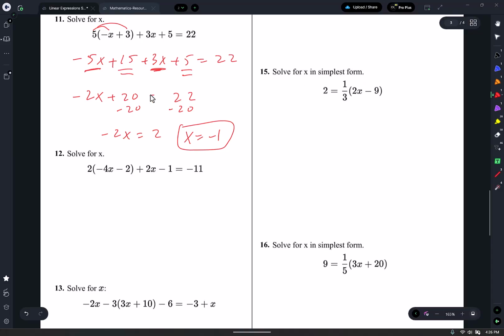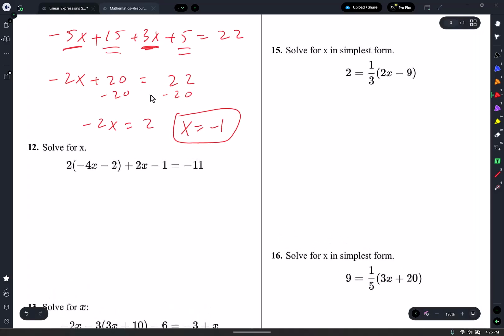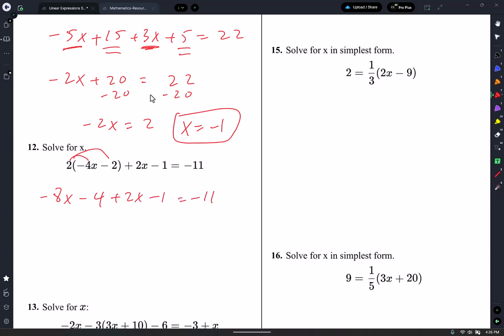Check it out, Ronan. What do I do here on this one? What's my first move? Well, before combine like terms, I've got to distribute. Negative 8x minus 4, and let me know if I make mistakes, plus 2x minus 1 equals negative 11. Now I'm going to combine like terms.